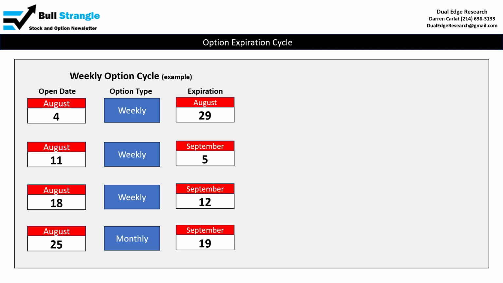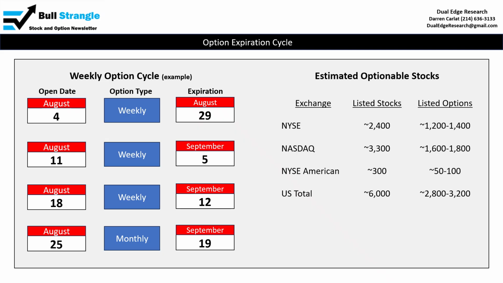Now, when we get to talking about the estimated optionable stocks, we're basically looking at a universe of about 6,000 stocks, of which about half have options. Of the 6,000, there's between 2,800 and 3,200 with listed options.